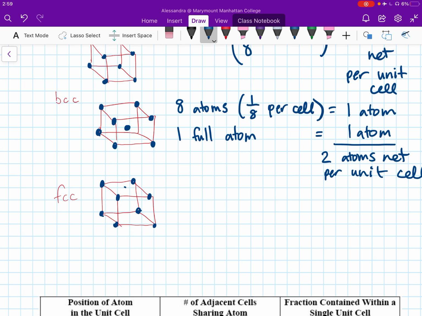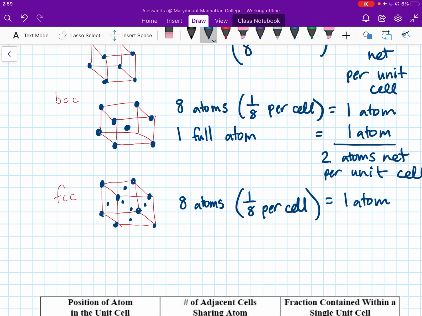And then on each of the 6 faces of the cube, I also have an atom. So the arithmetic is the same for the corner atoms: 1/8 of each of them is contributed. So that's 1 atom cumulatively per unit cell for the corner atoms.